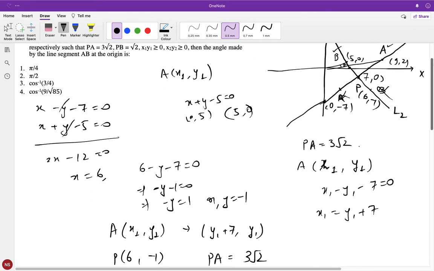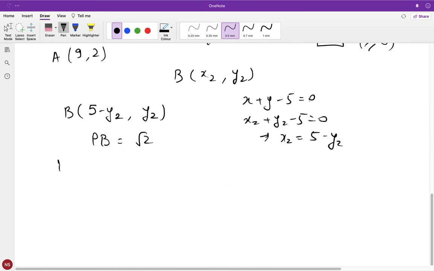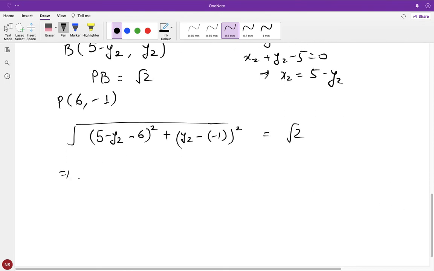Am I right? Let me check. Yes. And P is given to me as 6 comma minus 1. Again use the distance formula. So 5 minus y2 minus 6 whole square plus y2 minus minus 1 whole square is equals to square root of 2, which means what?